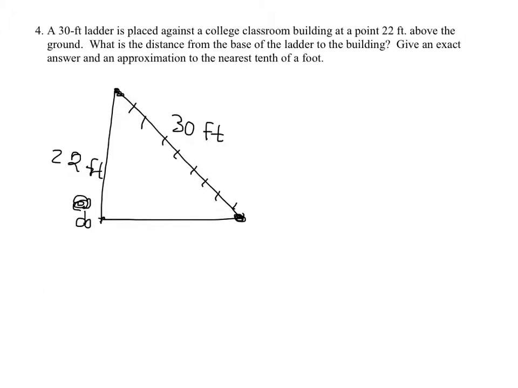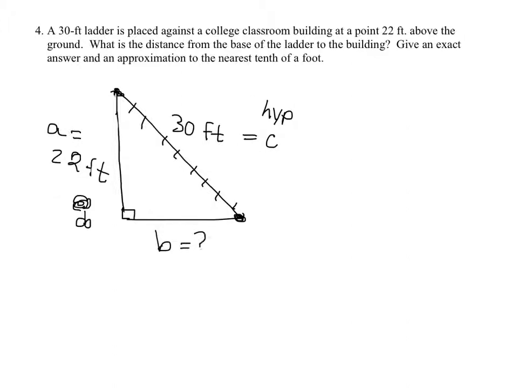Here's my building. Okay, I'm going to make it more of a right triangle. Let me erase here. That's better. Looks much better. So now we know the hypotenuse, because we know the side opposite the right angle. We know A, but we don't know B in this case.